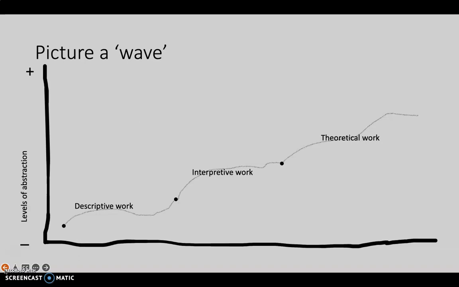We can then wave up a little bit towards a higher level of abstraction when we start thinking, what does this all mean? Where are the patterns? Where are the connections? Where are the interesting findings here? How do these begin to connect with the literature that I've reviewed? How do these connect to the research questions I've been asking? And then we can wave up to an even higher level of abstraction, if that's required in our work, to think, what is my theoretical understanding of the world?